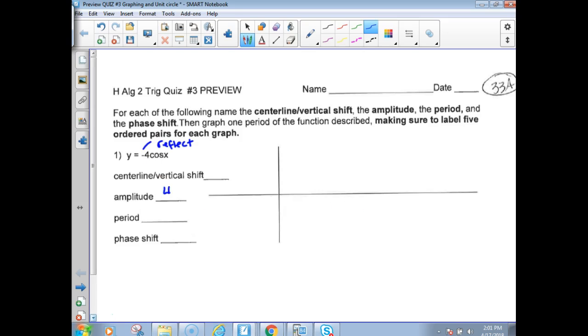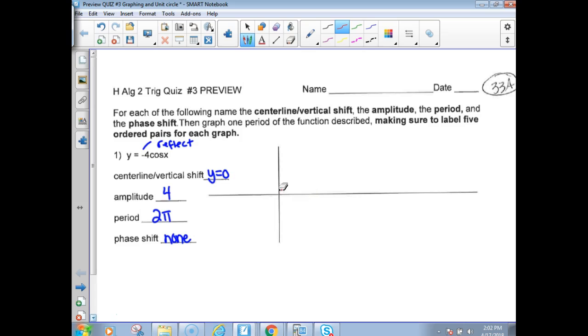It is +4. All right, do not write -4. It will be marked wrong. The center line will just be the normal y equals 0. There's no vertical shift. The period for the regular cosine is 2 pi, and there is no phase shift. You can write NA or none. I don't really care that much about what you write there.